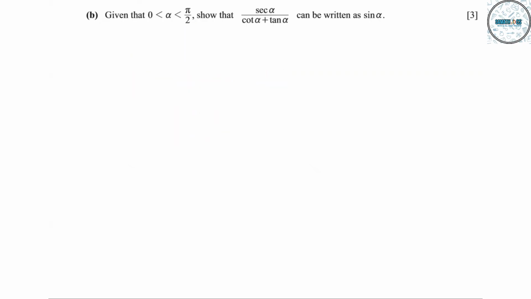Part B. Given that alpha is greater than 0 and less than pi upon 2, show that sec alpha upon cot alpha plus tan alpha can be written as sin alpha. First of all, we can write it as sec alpha divided by cot alpha plus tan alpha.